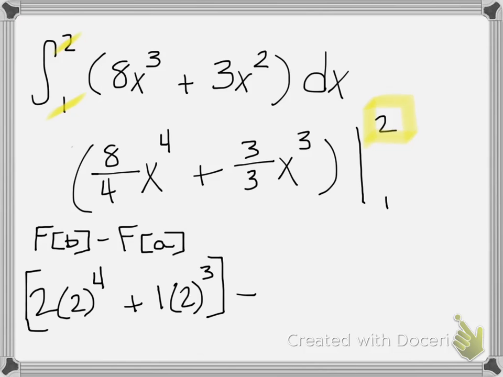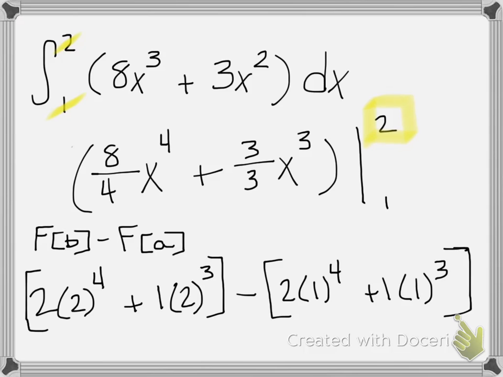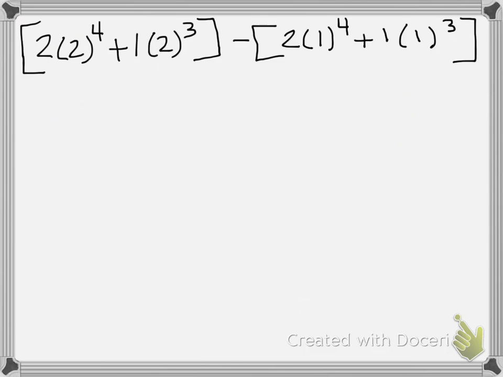That's going to be minus our f of a. So we're going to have our 2 times 1 raised to the 4th plus our 1 times 1 cubed. Okay, so now we will take this to another screen, and so that's what we should have.